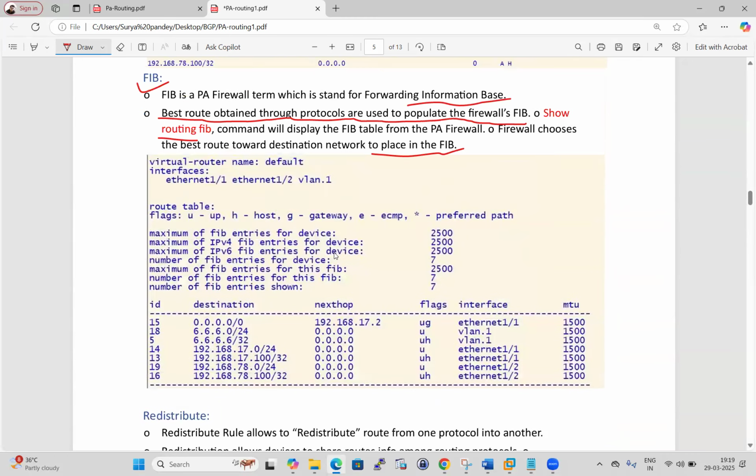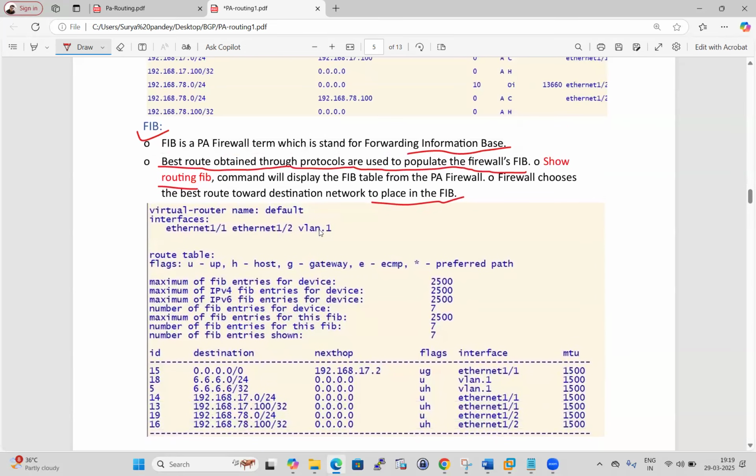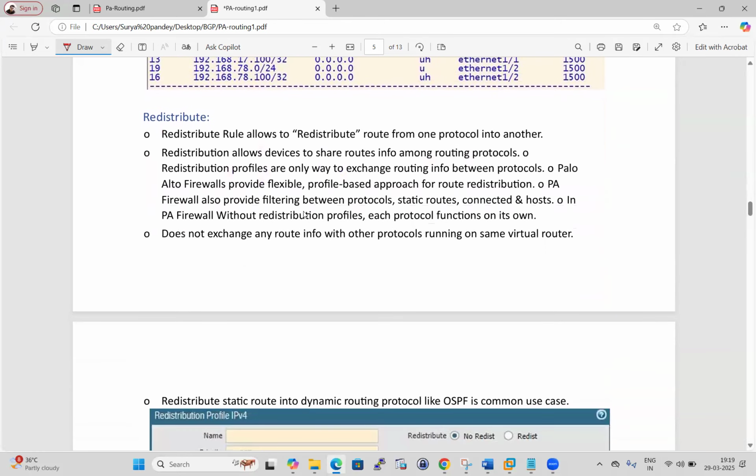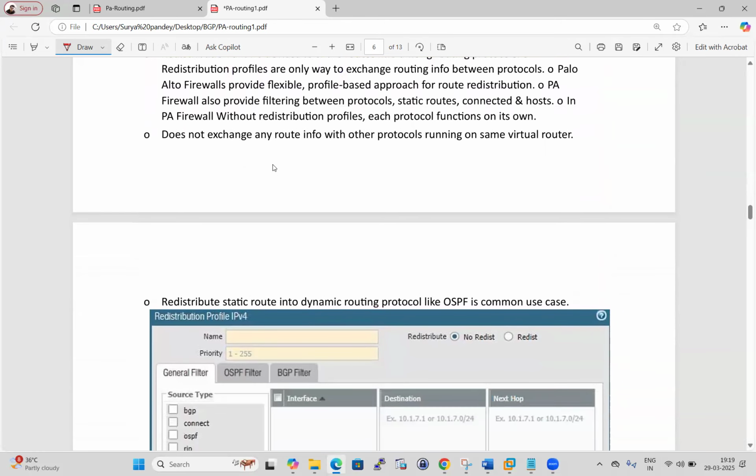So this is about FIB and RIB. I hope you understand. Let me explain with the help of an example also. For example, this is our RIB and this is our FIB.